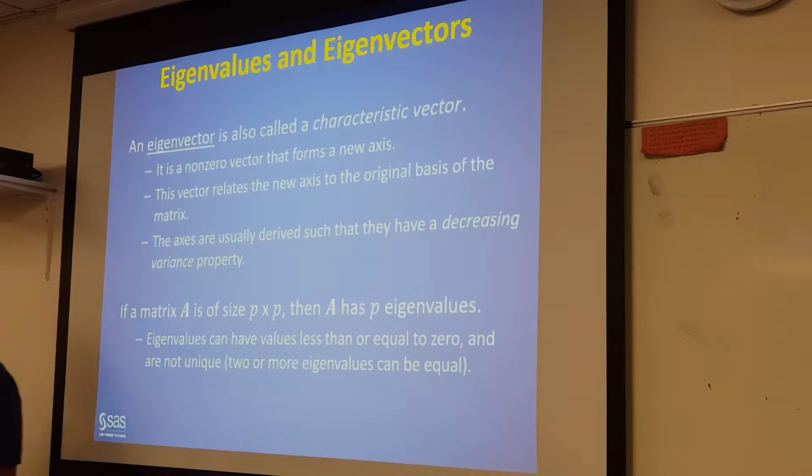You can have the same eigenvalue, in fact. Negative eigenvalues are a problem, but they're not usually a problem with what we're going to deal with. It's when you start dealing with non-Euclidean data and different non-Euclidean spaces that they become a little bit more problematic. Okay, so I'll stop there.